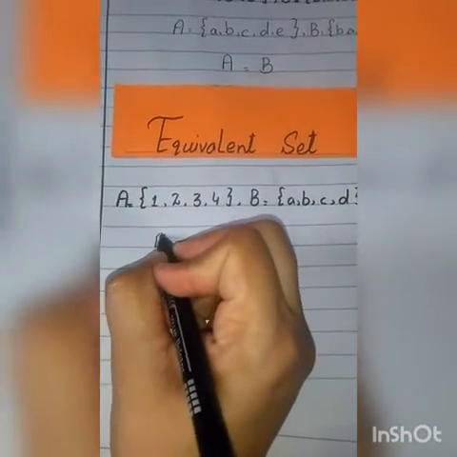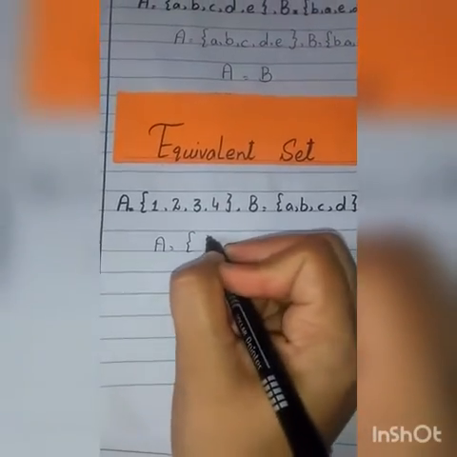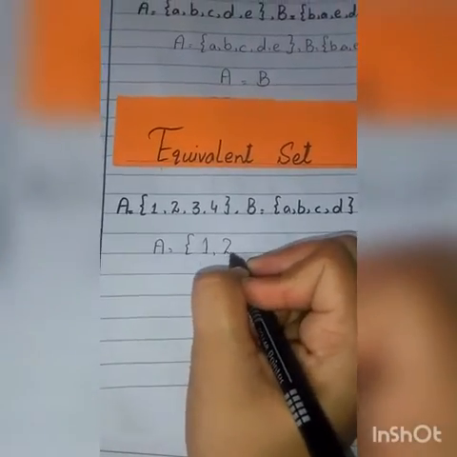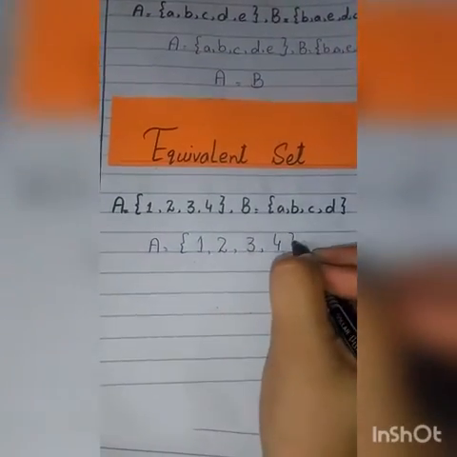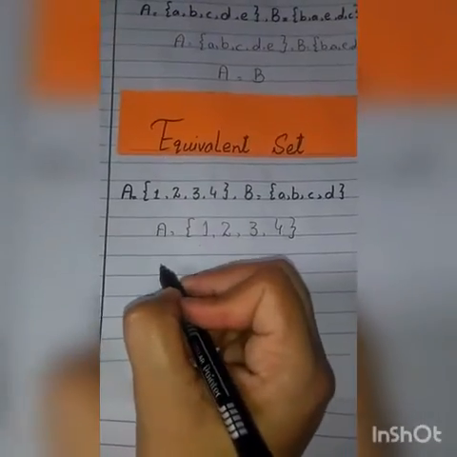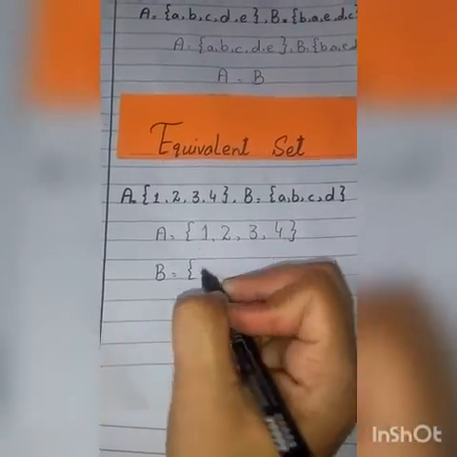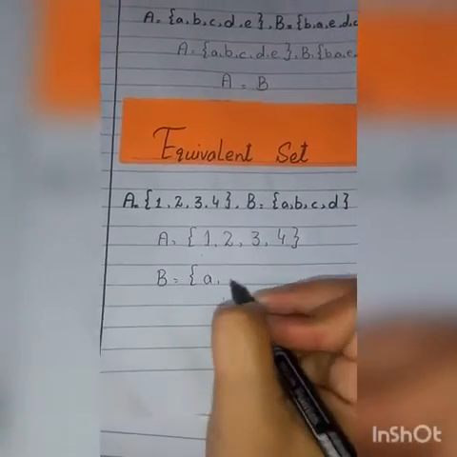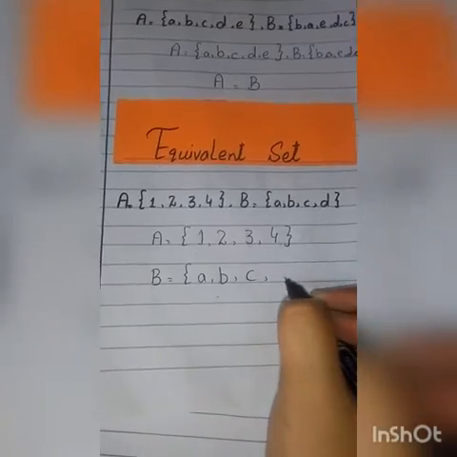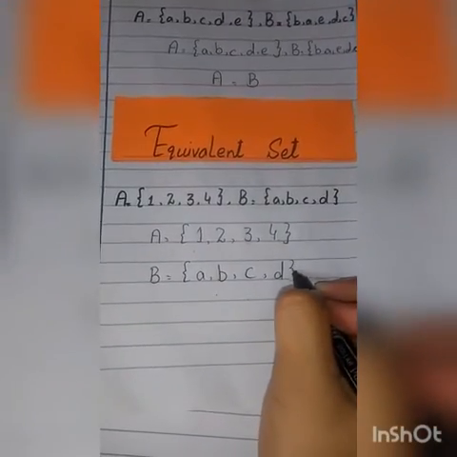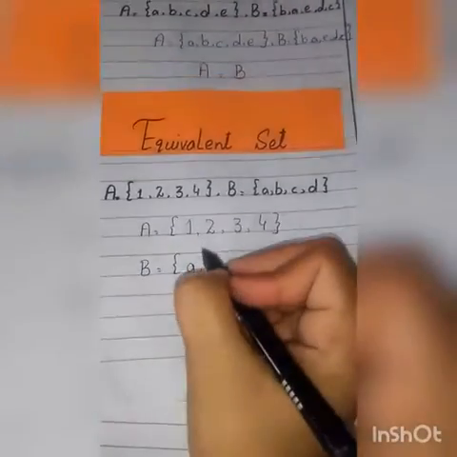First we write set A: 1, 2, 3 and 4, and we write set B: A, B, C and D. Okay students, set A and set B both have 4 elements.